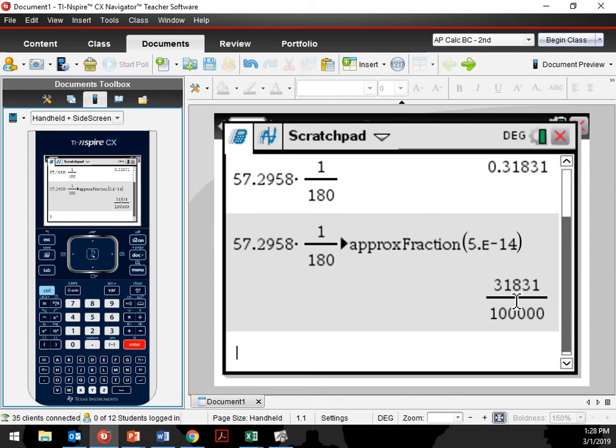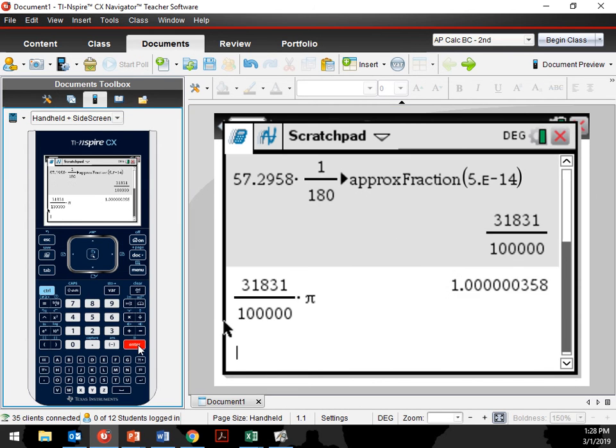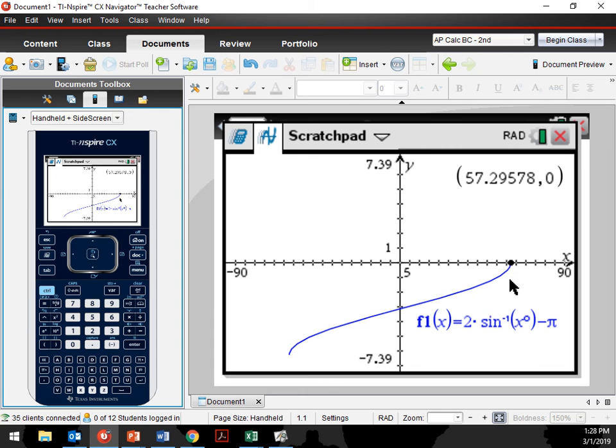So this gives you, then it goes times pi. Yeah, that seems right. So anyway, all right, so let's take a look. All right, did you guys all get this nasty thing right here? Yeah.